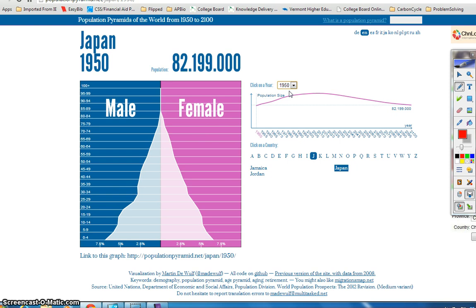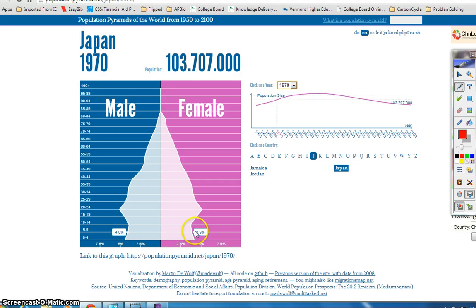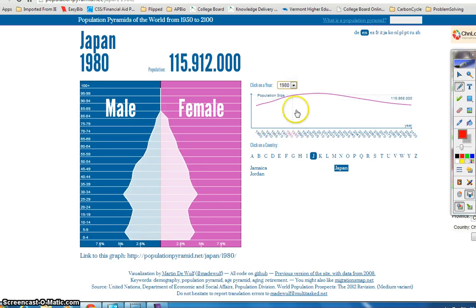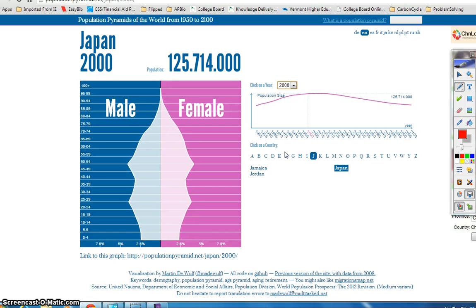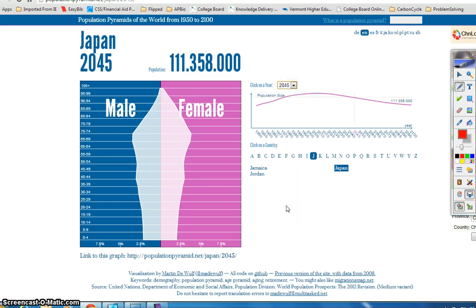There's our classic kind of increasing population. 1970, we can see again, probably due to the world wars, the population went down. 1980, 1990, 2000, and look at the inverted base of that. 2010 or 2015, basically today, and if we project ahead, 2045, it's shaped very similar to what we see in Italy, and we can see from the graph over here on the right that they're projecting the population of Japan to continue to decline.